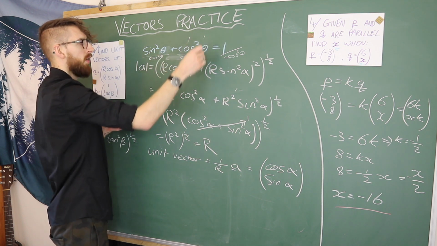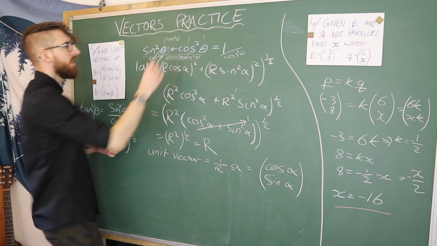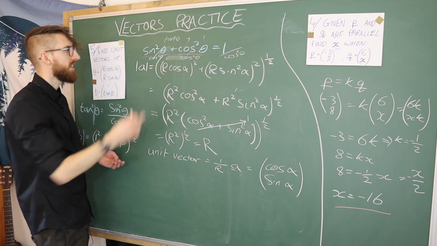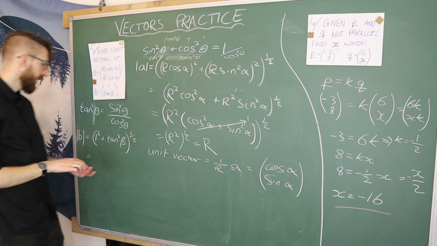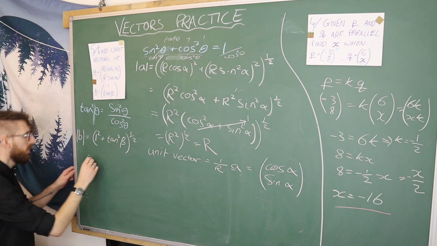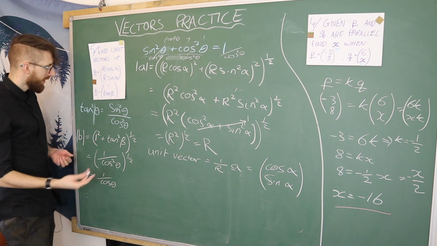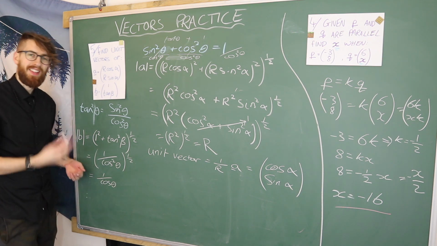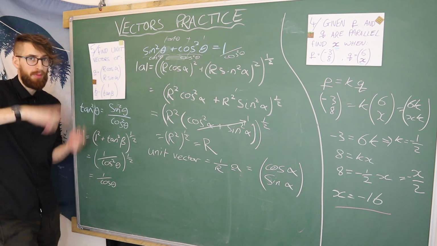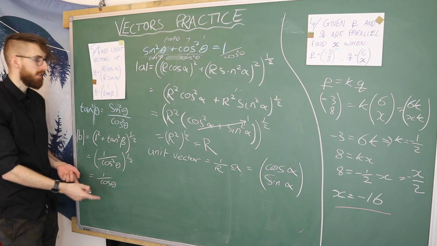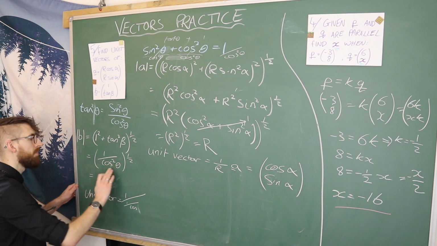That goes to 1, and this goes to tan. So what you get is another identity, which is tan squared theta plus 1 equals 1 over cos squared. So all of this becomes that. So now we need to get the unit vector in the direction of B, so we need to divide by that. If we divide by a fraction, you flip it upside down. So we're actually going to times by cosine squared. That should be a beta.